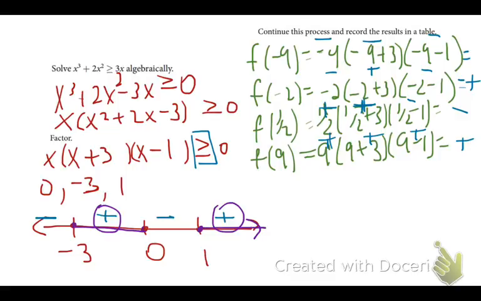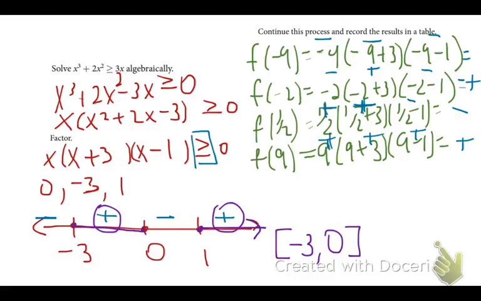So we said that we were including these this time, so do we use parentheses or brackets? Brackets. So we'd have a bracket, -3, and we go to 0. It's also included. Now we have a gap, and what's happening here? We went down, and it's below, and it's popping back up here.